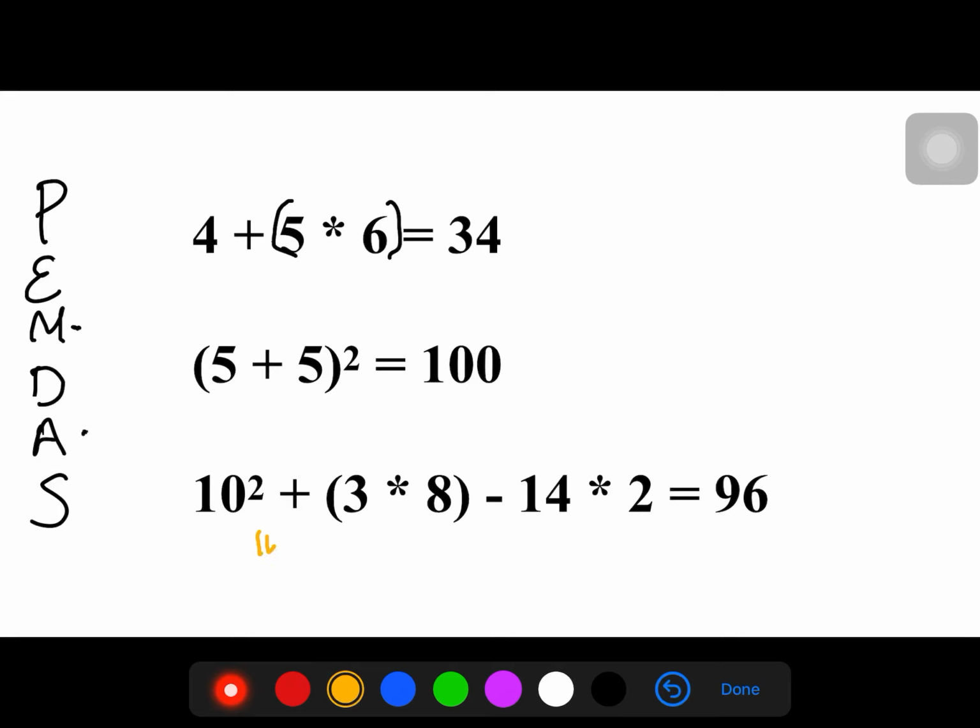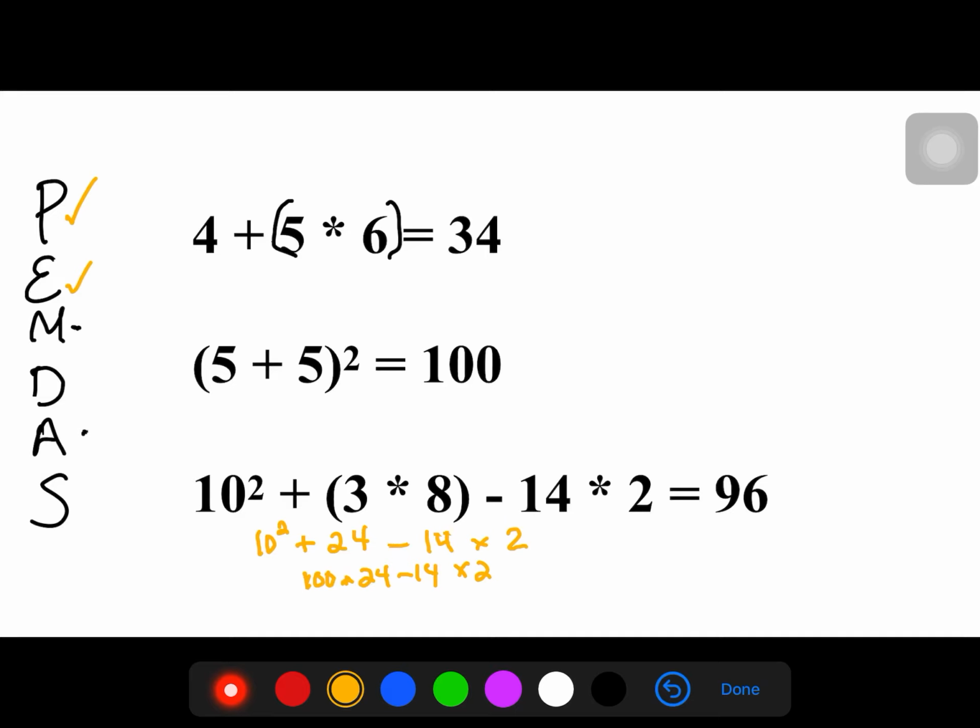First thing I do is parentheses, so this is 10 to the second power plus 24 minus 14 times 2. Well, parentheses done, exponents. 10 to the second power, we just solved that above, was 100. And plus 24 minus 14 times 2.